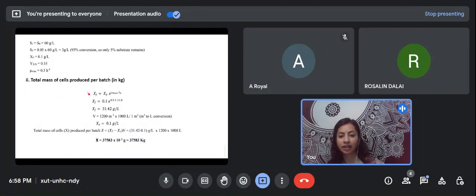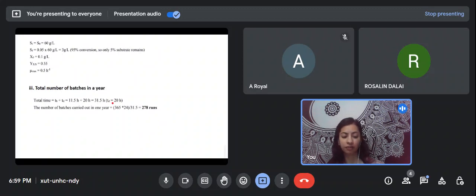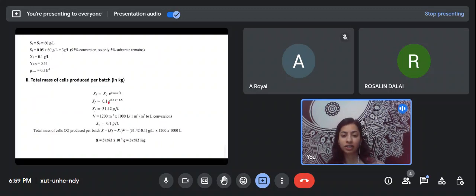So X_F, the biomass that will be there finally, is equal to X naught, the initial biomass, times e, Euler's number, to the power of the maximum specific growth rate times the batch time. Since you've just calculated the batch time, which is 11.5 hours, and the maximum growth rate is 0.5, Euler's number, and 0.1.